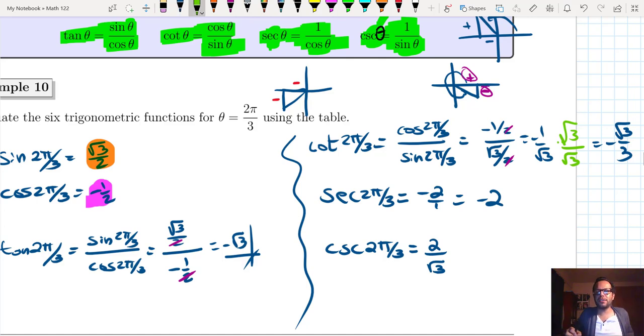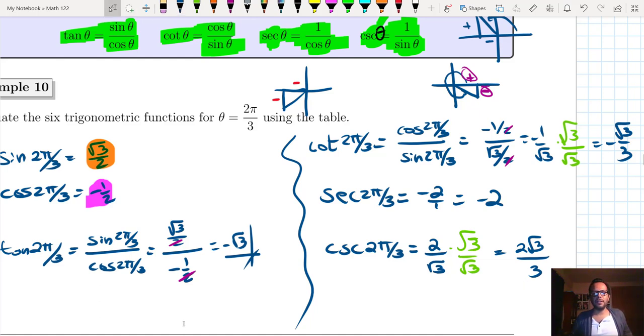Be sure to rationalize this denominator. That'll give us 2 root of 3 divided by 3. Okay?